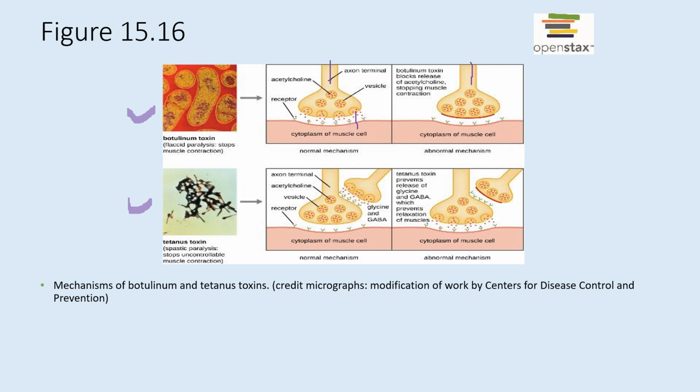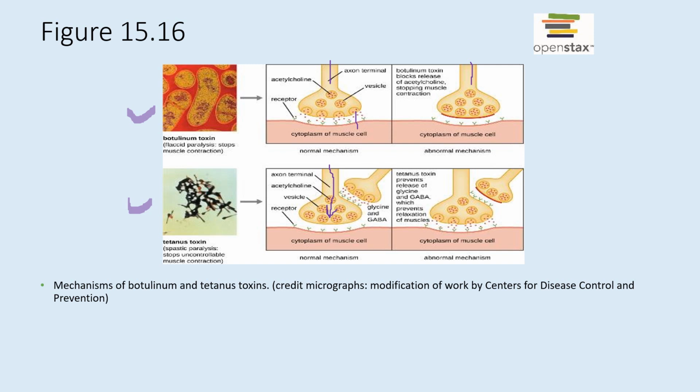Tetanus toxin. What this does, the bacteria, it's a similar way. It's going to release the toxin. Now, normally what happens when you have the action potential come down, you release the acetylcholine, that neurotransmitter. It triggers the muscle contraction, but you have enzymes coming over here that will break down the acetylcholine to stop the contraction, and the reaction stops.